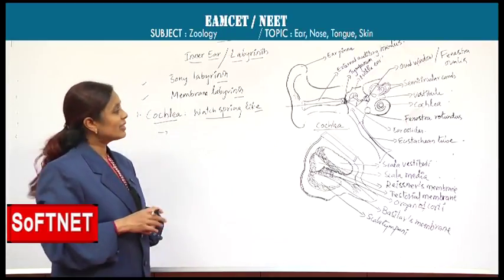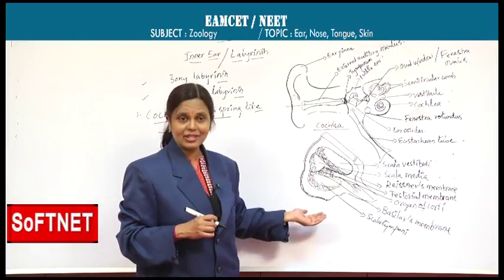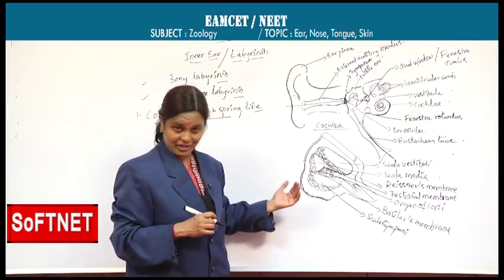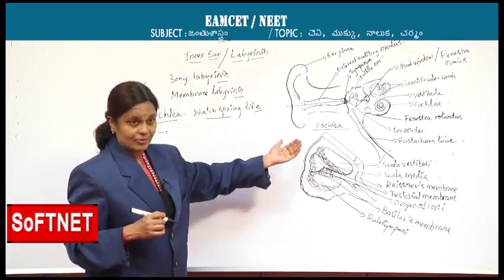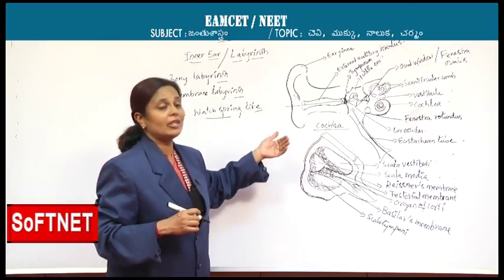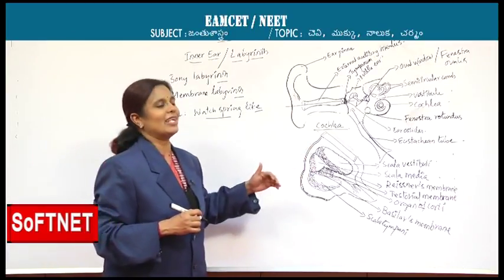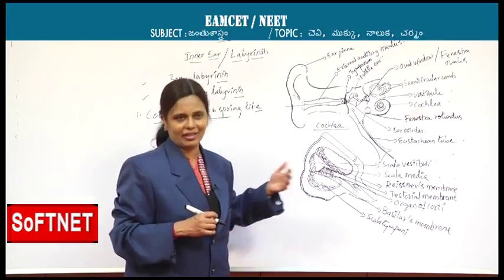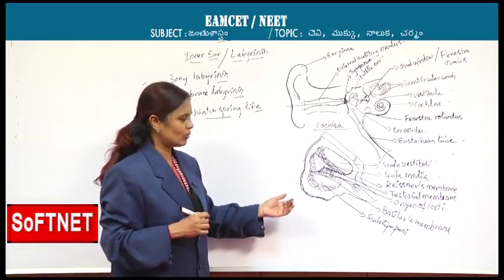So, what are those three tubes present inside this cochlea? We are saying that cochlea is a watch spring like coiled tube, but it has three tubes in fact inside it. What are those three tubes?